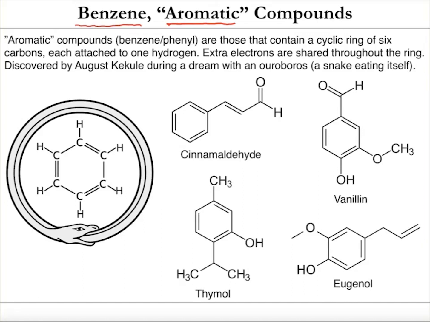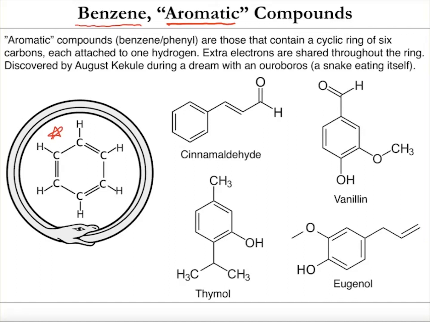So benzene is shown right here. This is a special case, a special way that carbons can interact with each other in a ring. I already showed you the chain that hydrocarbons can make. This is a way for carbons to interact that's really stable and forms a ring structure.